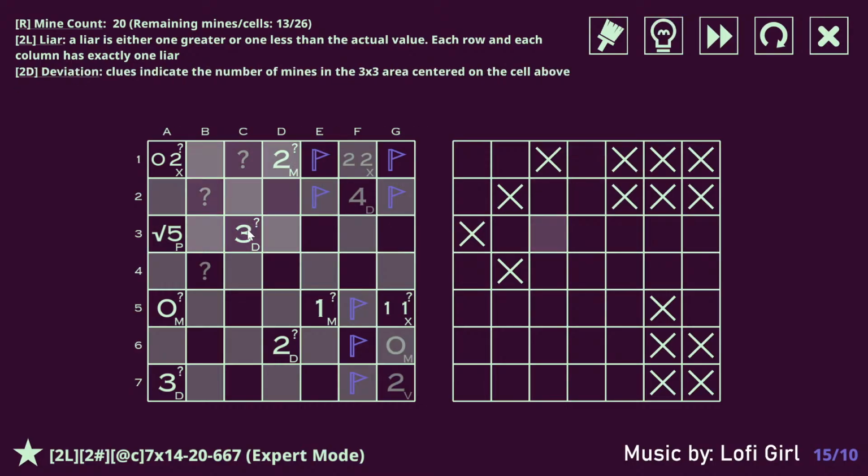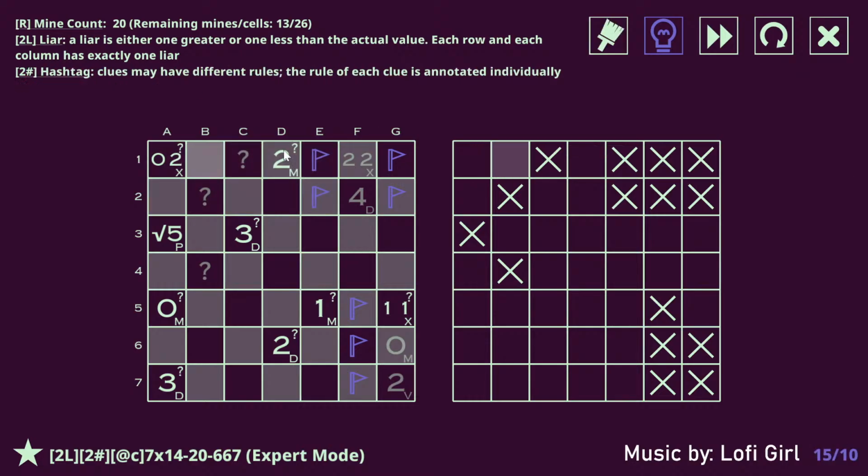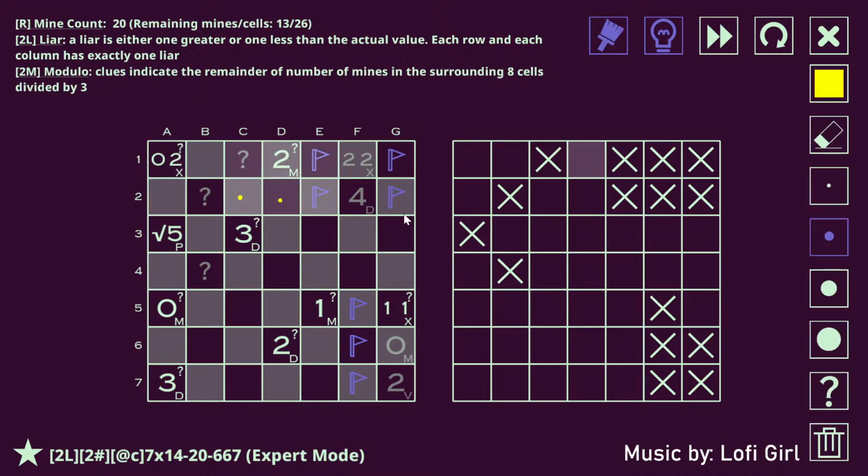Doesn't really help. If this is a 2, these are both empty. If this is not a 2, then these are both mines. If this is a 2, it could be that these are both mines, or just one of those is a mine. No idea.